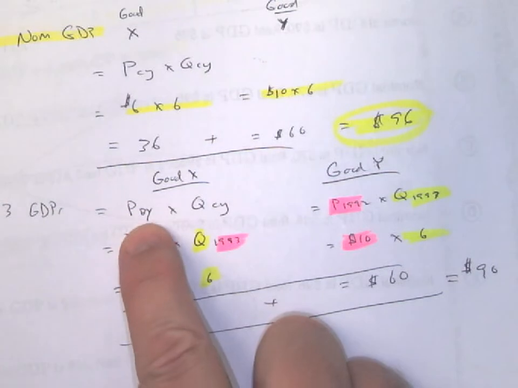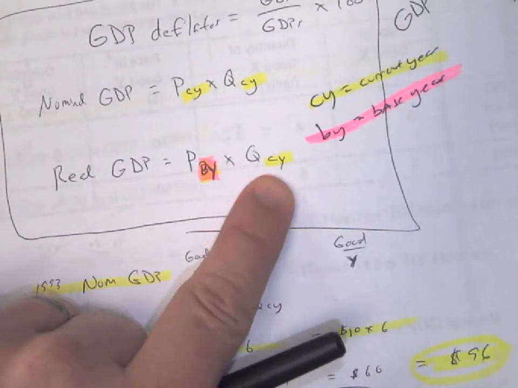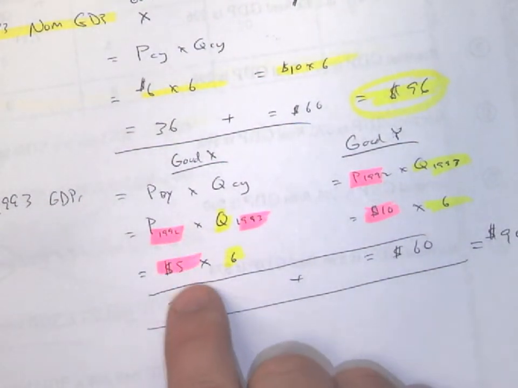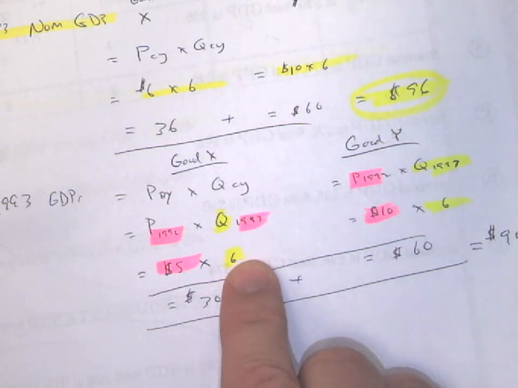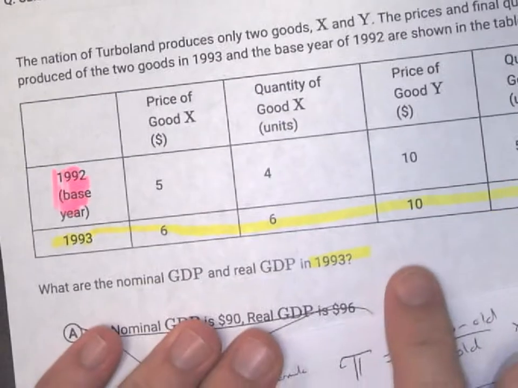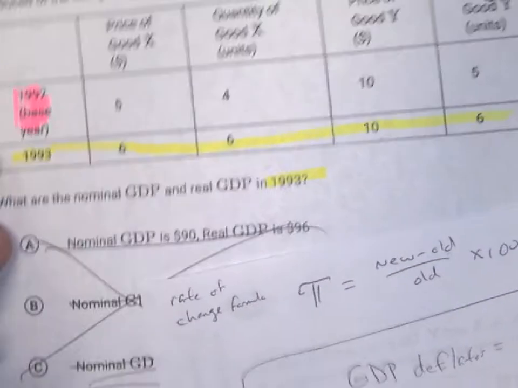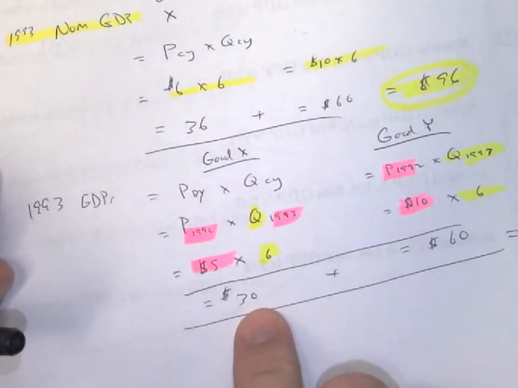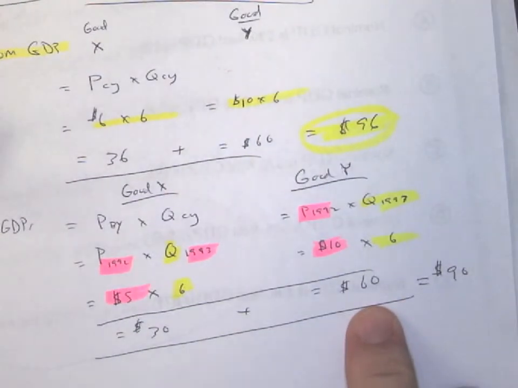So now I'm going to take the price of base year, from the real GDP formula: price of base year times quantity of current year. I know that my base year is 92, so my price of base year is 5, my quantity of current year is 6, and that's where I got these from. So now when we take those, my real GDP of good X is 30, and my real GDP of good Y is going to be 60.